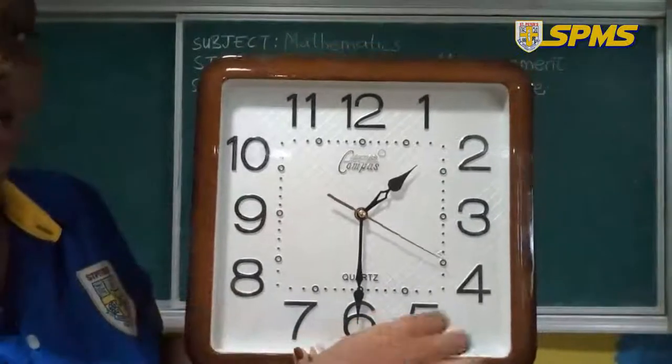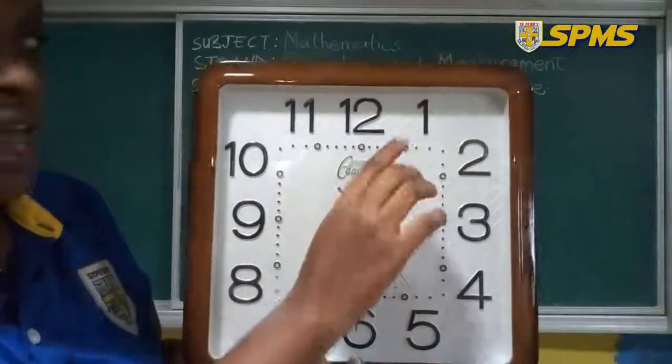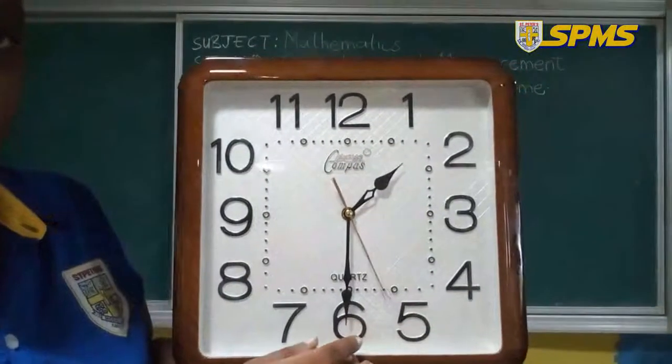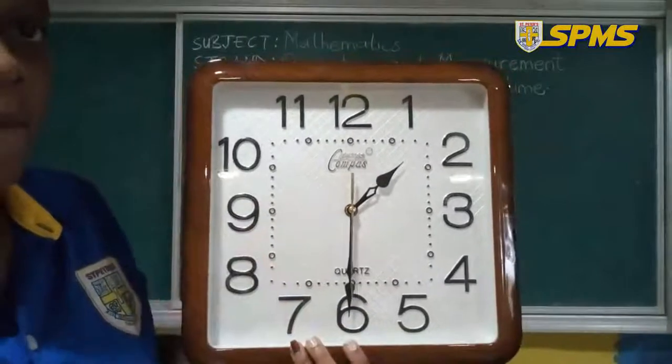This phase of the clock, or this part of the clock, is termed as past. They are minutes past the hour. And how many minutes did we make? 30 minutes.